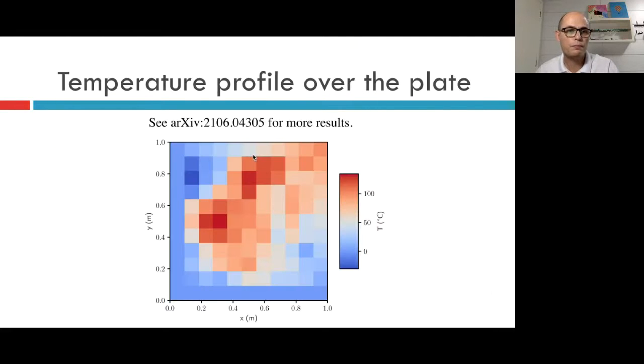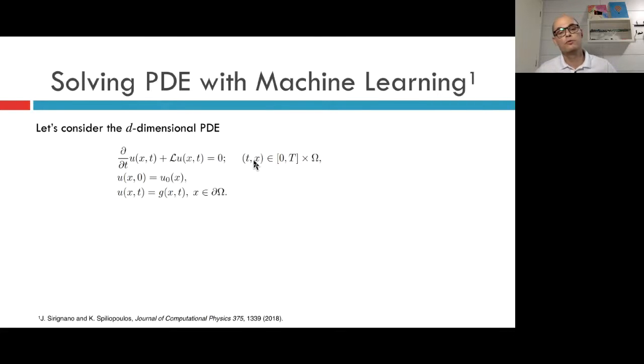And finally, just to show you our solution for the temperature profile in this square plate, you can see this distribution of temperatures. If you want to see more results about this work, you can look for this paper on arXiv. Now I will move to another work.